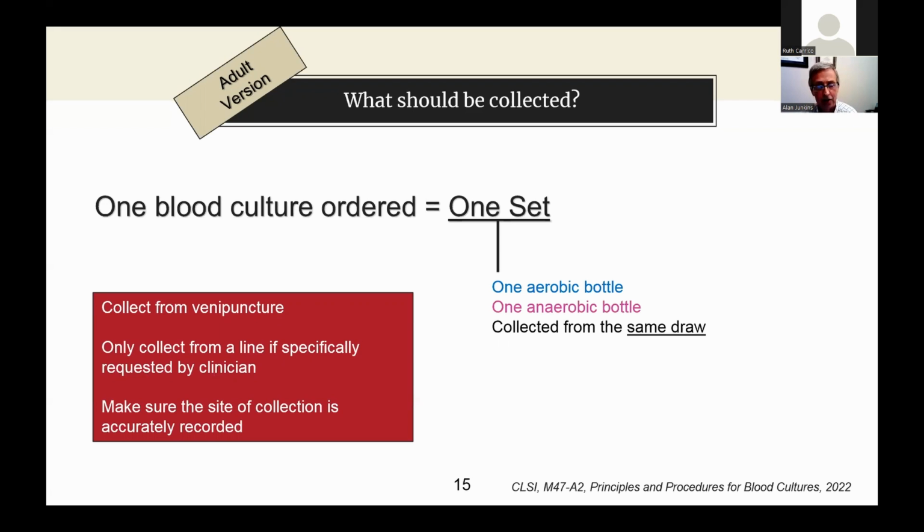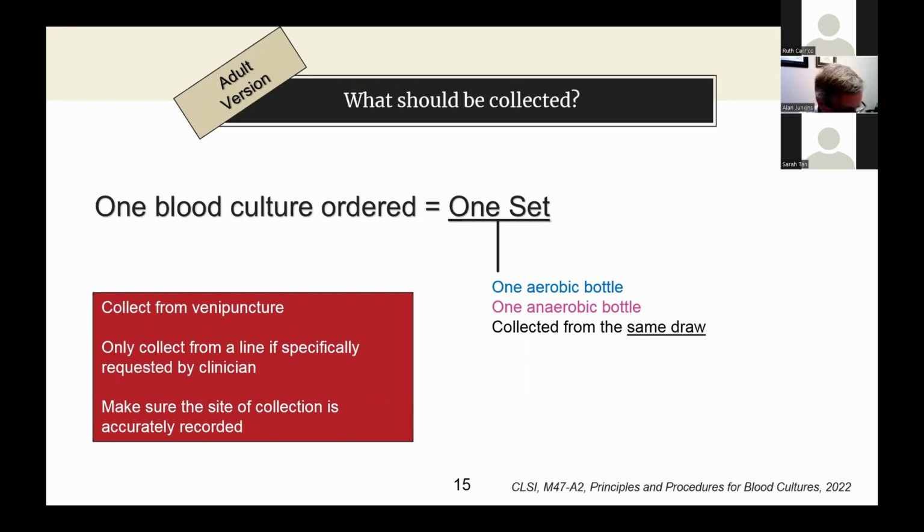Typically, you're going to have higher levels of contamination from lines. And do make sure that the site of collection is accurately recorded. We had situations where a lot of our blood cultures were documented as having been collected from arterial sticks. And I had to question some of the nurses, are you really collecting all these blood cultures from arterial sticks?